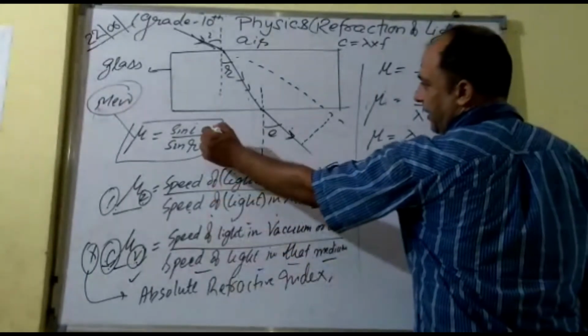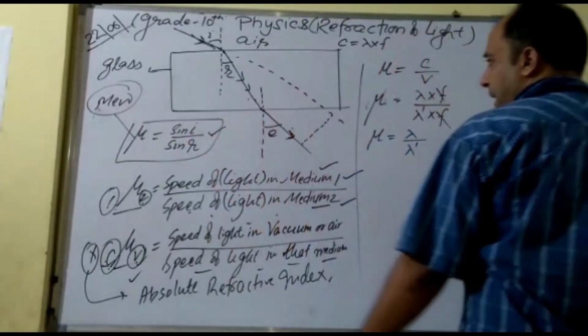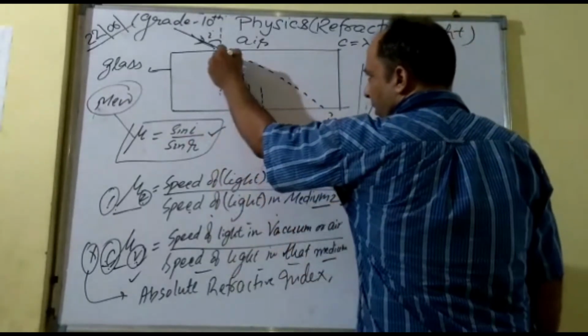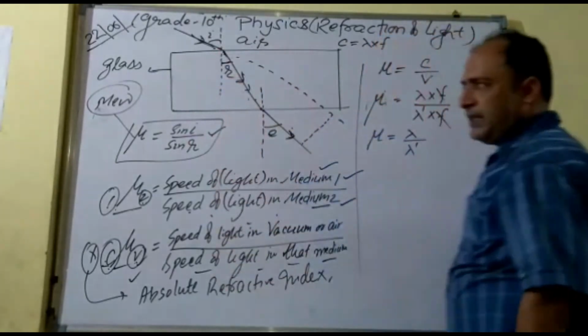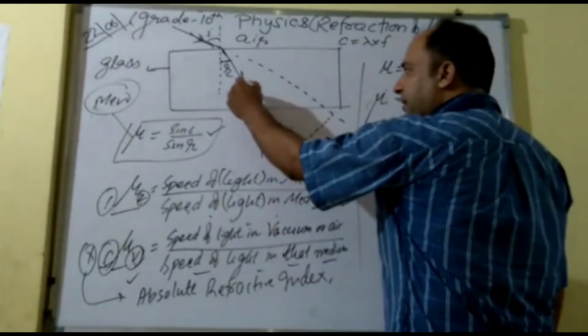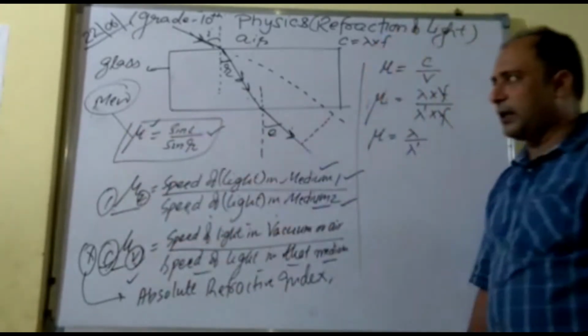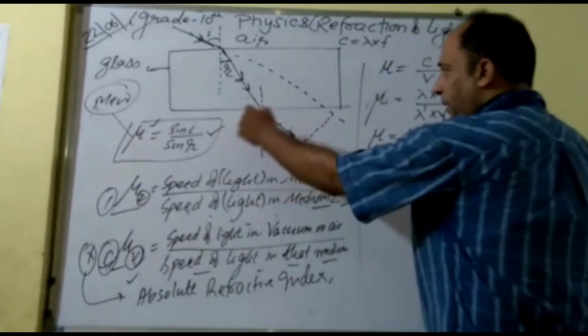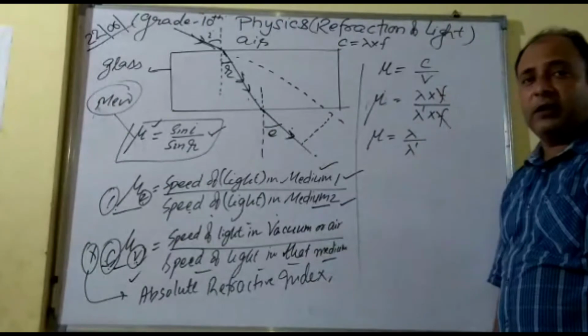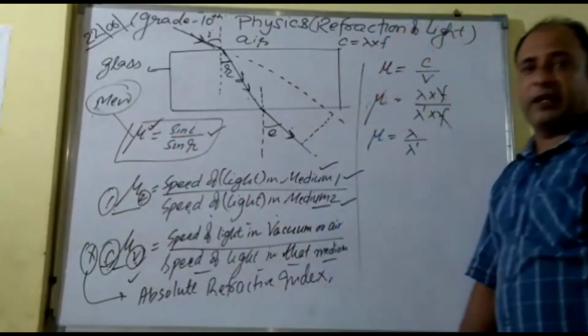Here I have written sin i by sin r. So if speed decreases, wavelength decreases, and then refractive index increases. If speed increases, wavelength increases, and thus refractive index decreases.